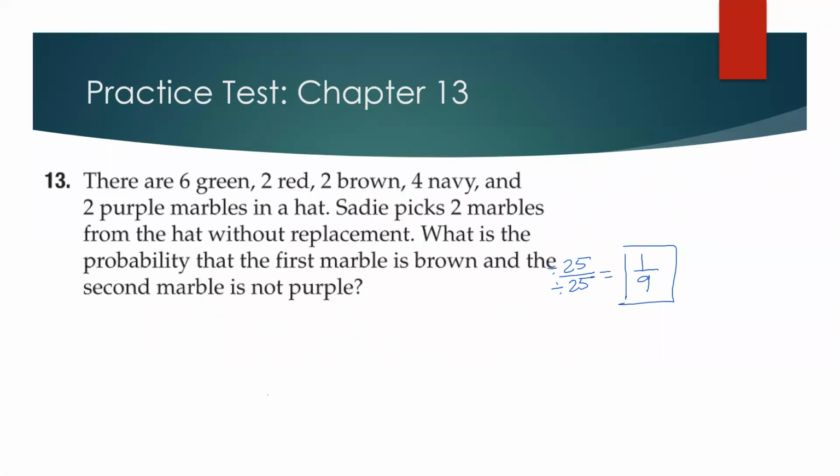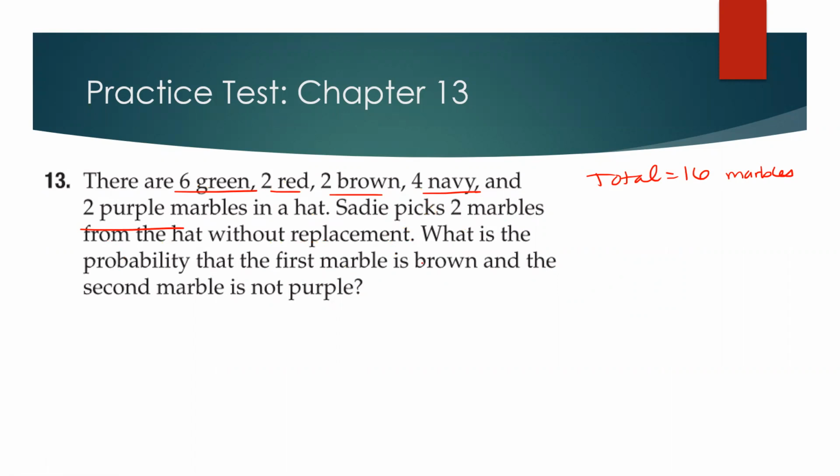And then number 13 says there are 6 green, 2 red, 2 brown, 4 navy, and 2 purple marbles in a hat, for a total of 16 marbles. Sadie picks 2 marbles from the hat without replacement. So it means she's not putting the marble back once she grabs one.